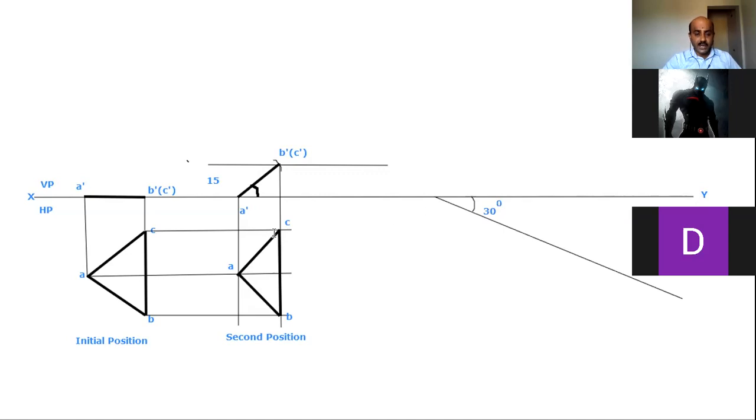On this 30-degree line, you have to draw BC. So mark a point C on that. Anywhere you mark C and then draw this line BC equal to 25 millimeters only for you also. So mark it and draw.